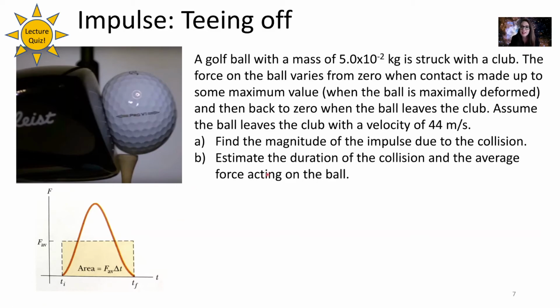And then you're going to estimate the duration of this collision and the average force acting on the ball during this collision. So how are we going to solve that? We need to find our average force.